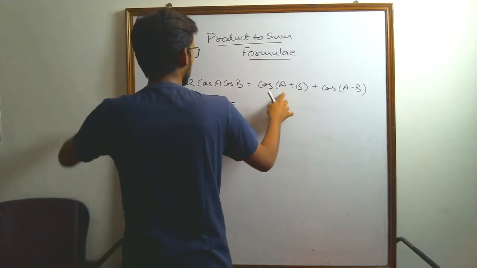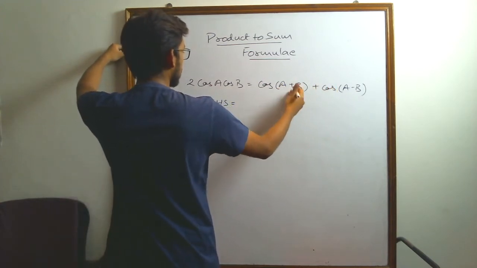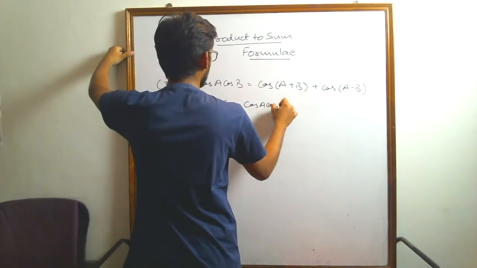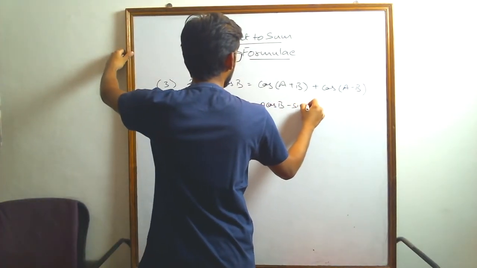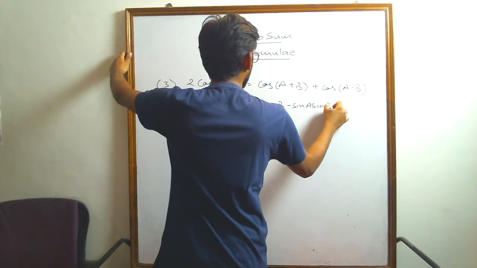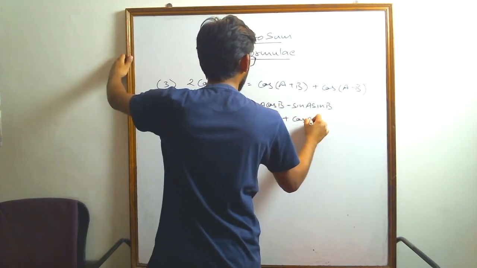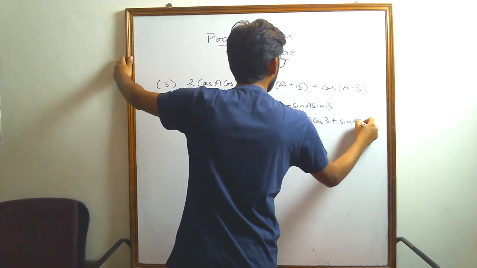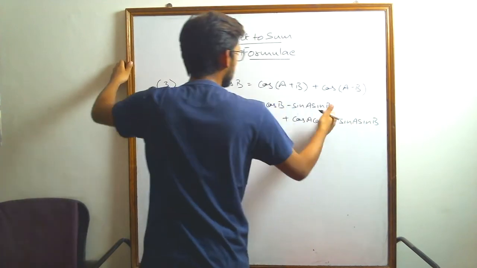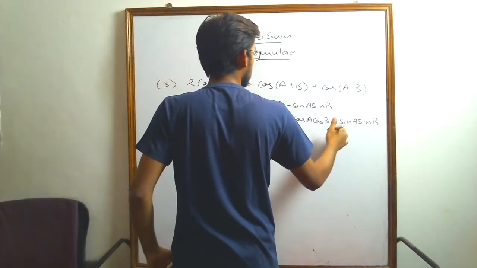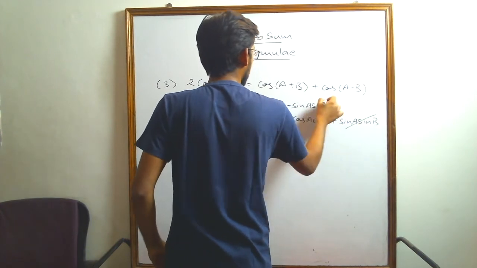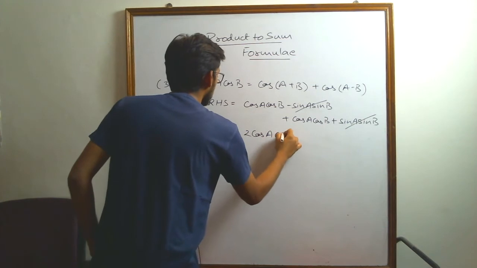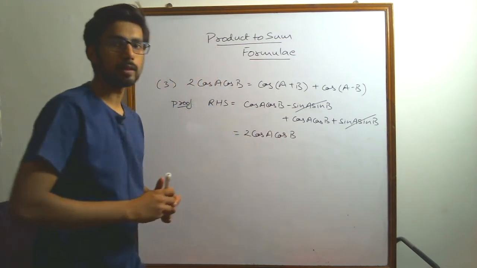We can just directly open the RHS, that is cos A cos B minus sine A sine B plus cos A cos B plus sine A sine B. Sine A sine B is negative here, it is coming with the positive sign here, this gets cancelled, so this is equal to 2 cos A cos B. This is our third formula.